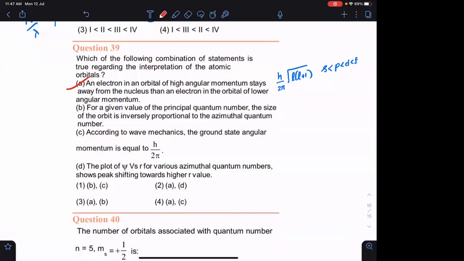Okay, orbital करके अगर बता दिया तो it belongs to quantum mechanical model, right? Then you need to use this formula only. If it is Bohr's theory, then you can use mvr equals nh/2 pi. Very important, everyone. Clear है?